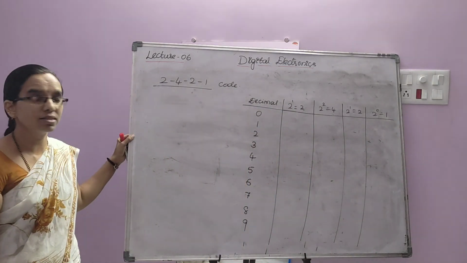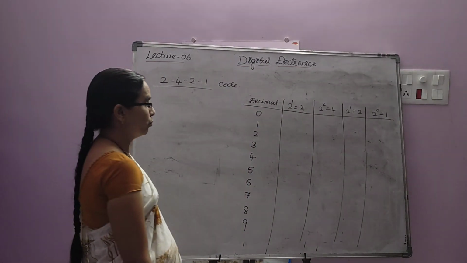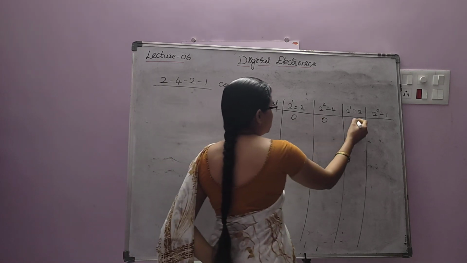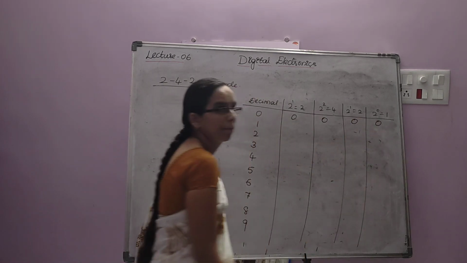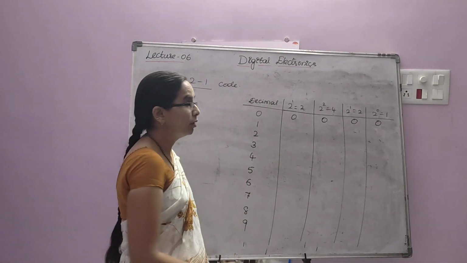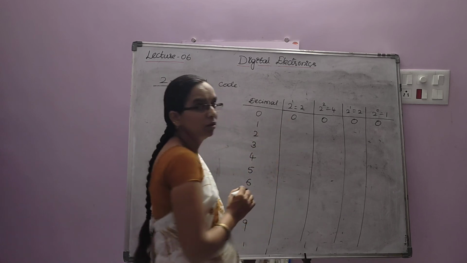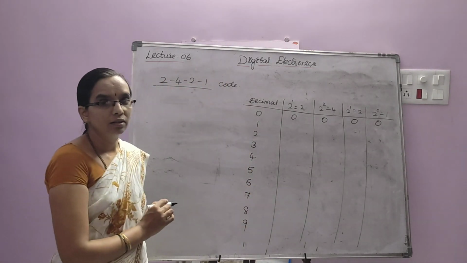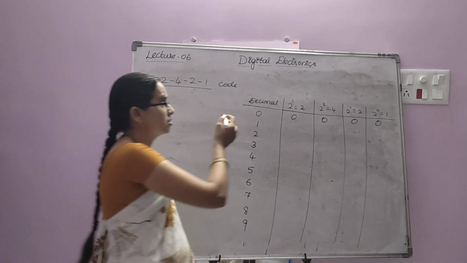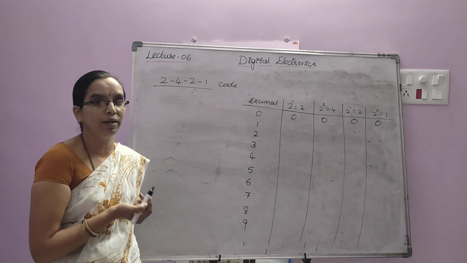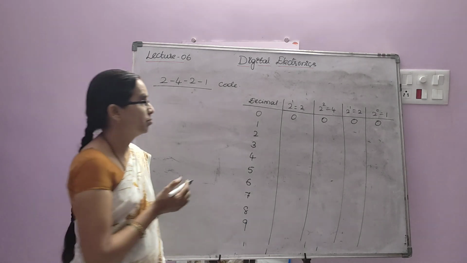These are the weights associated with 2421 code. For 0, we will write 0000 only. If you multiply the particular weight with the bit value and add these things, then you will get the decimal equivalent, same as in binary to decimal conversion.